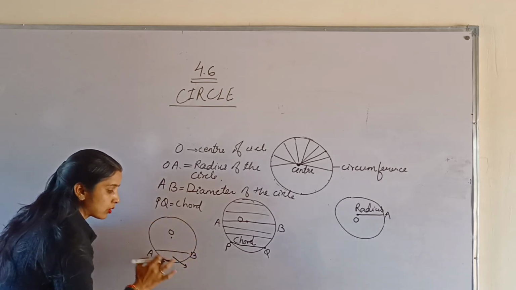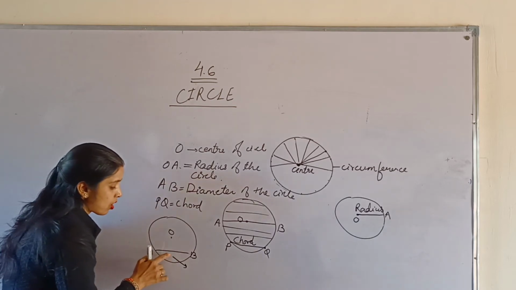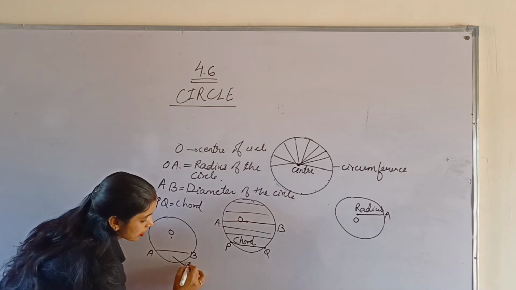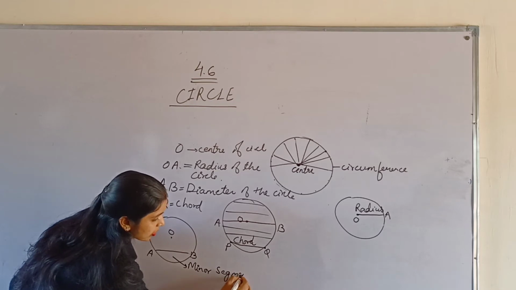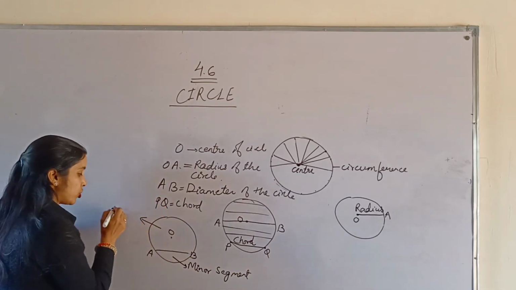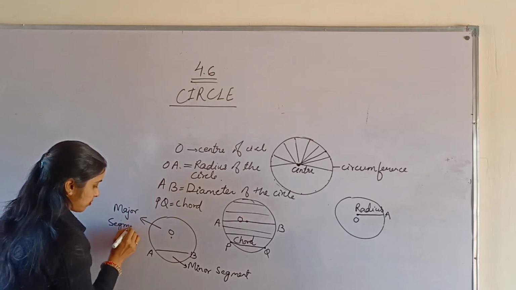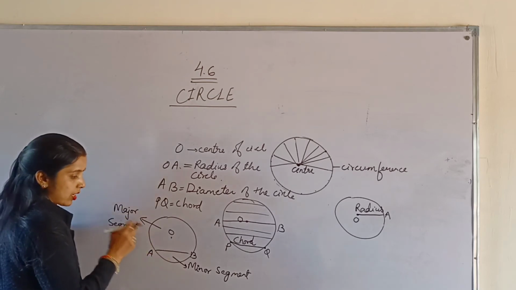So the smaller one is called the minor segment, and the big one is called the major segment.